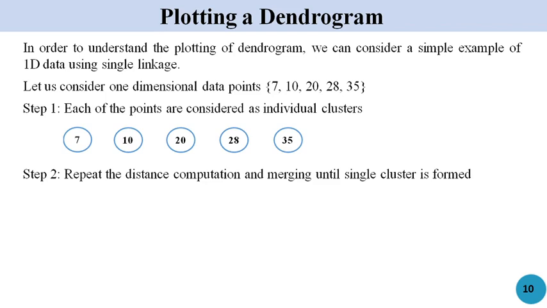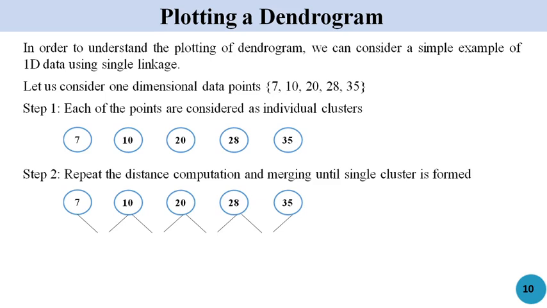As we see here, it is already arranged in ascending order, so we don't need to make any changes. Now we'll start calculating the distance between the adjacent clusters. With one-dimensional data points, the distance can directly be calculated by the difference between the values. So if I want to calculate the distance between 10 and 7, it can just be represented as 10 minus 7, that is 3.